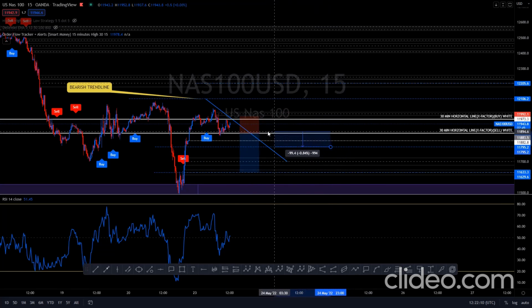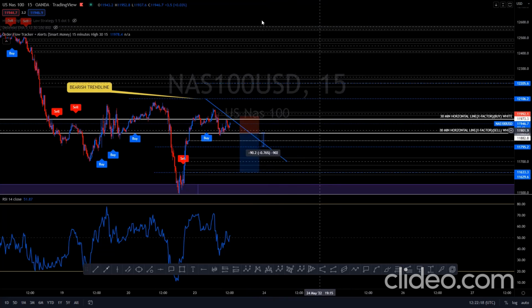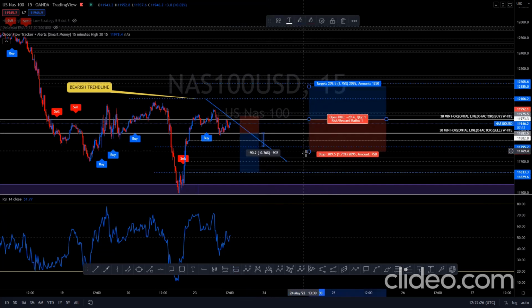Then I will move everything over to here. Then I will set my risk to reward tool for the buy, just in case the price happens to buy.